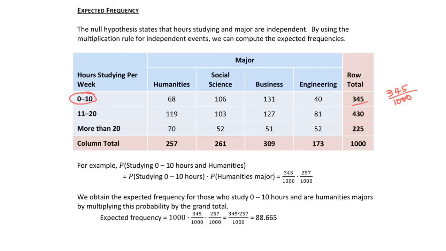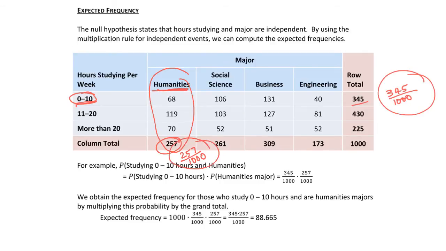Probability of humanity major, this is the total of humanity major, so probability will be 257 divided by 1000. So probability of studying 0 to 10 hours and humanity major, to find that probability, multiply these two together.